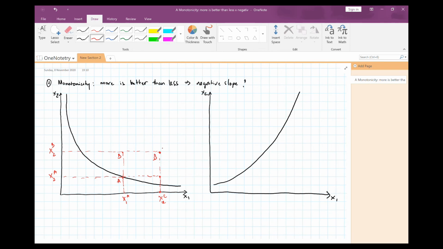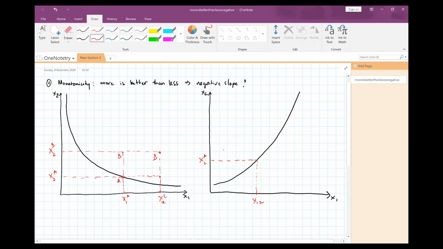So because of that, negative slope implies that more is always better than less. Why is this not the case with the positive slope? Let's see on the graph on the right hand side. So now again we have, let's say, point A, so x1a and x2a. Sorry, typo here, x1a and x2a.